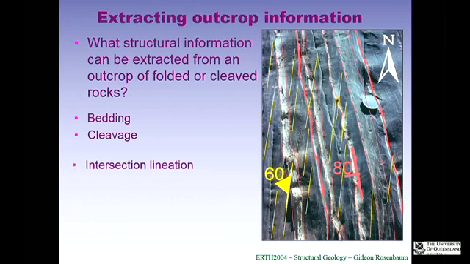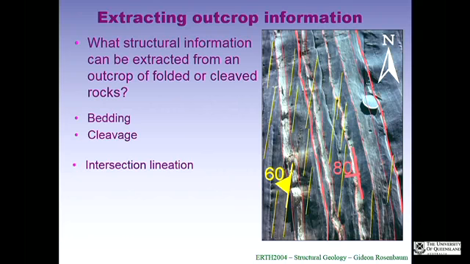Can we work out the intersection relation? Yes. We definitely can, because if we have the bedding and cleavage, then we can see how they intersect. So of course we can go around the outcrop and look for the lines of intersection. On the map view, they will appear as a dot.